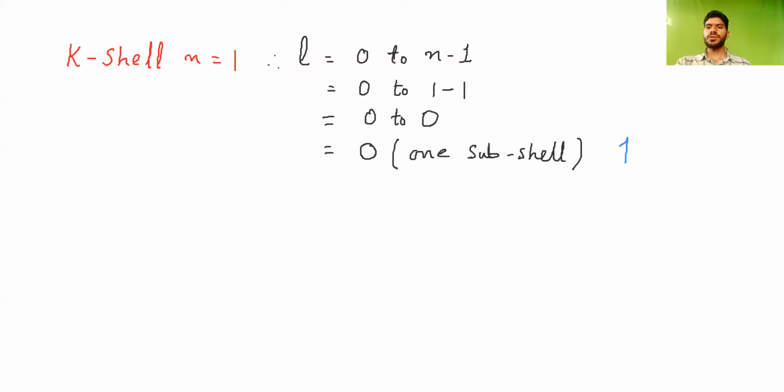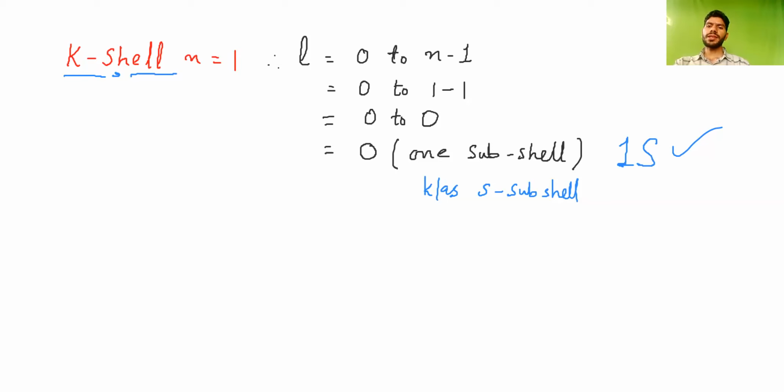This subshell is known as the S subshell. So there is one subshell in this K shell, known as S subshell, and it is known as 1s.